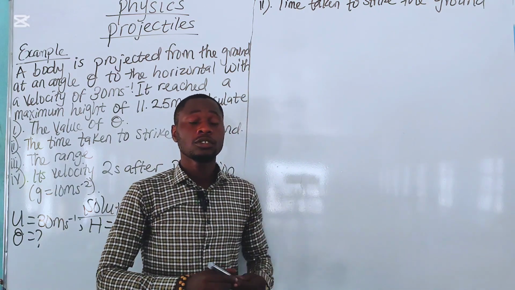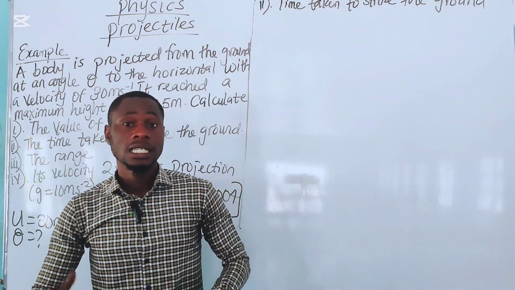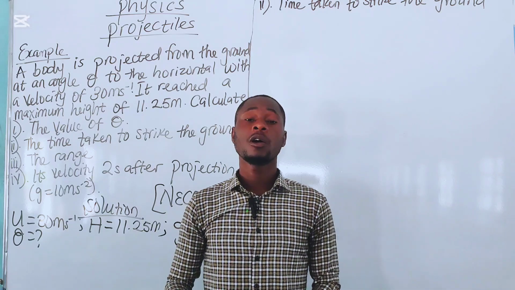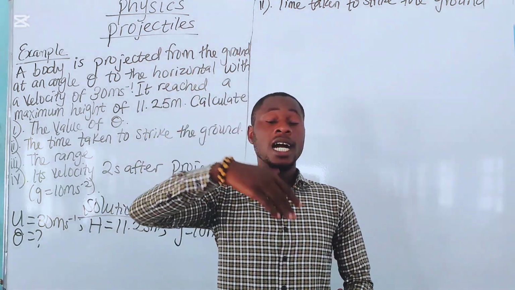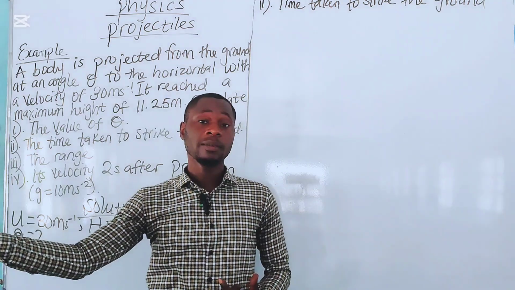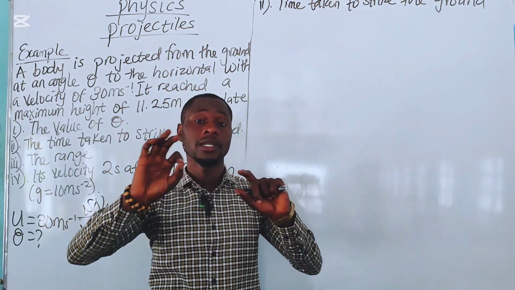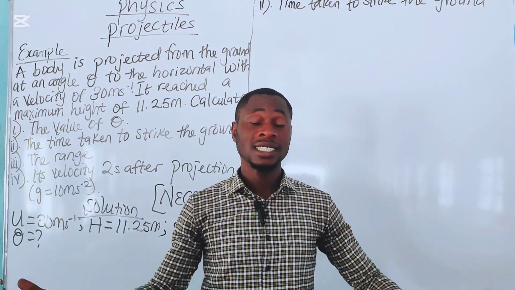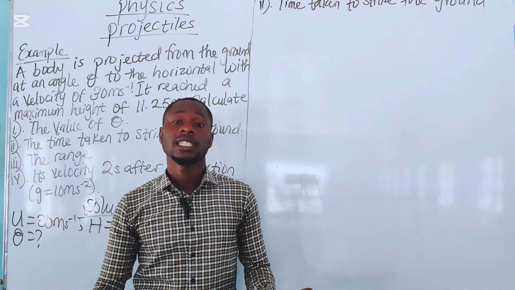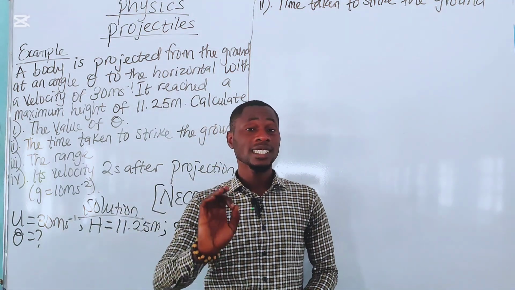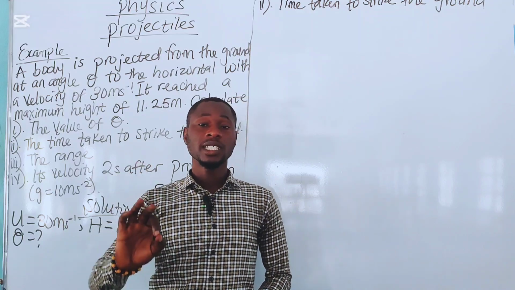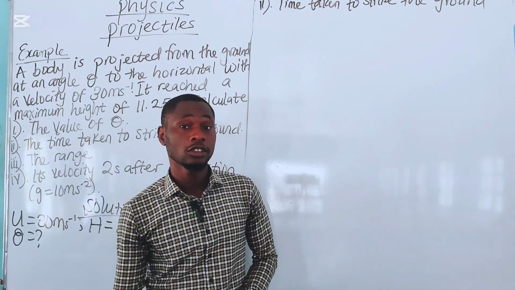Okay, so the time taken to strike the ground in this case is the what? The time of flight, because the projectile has been projected into space and it is the total time spent in the air by the projectile. So the time taken to strike the ground in this case is not the same as the time taken for the object to move from the maximum height and then to get to the ground.